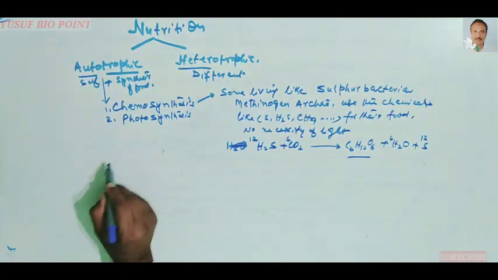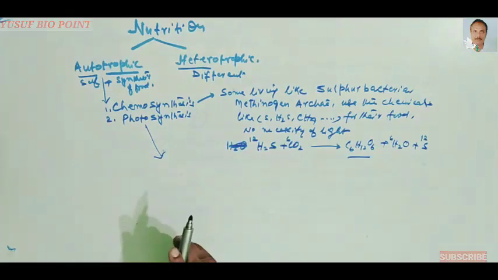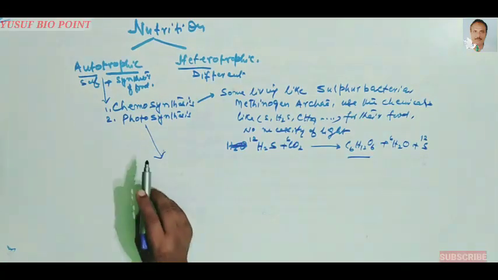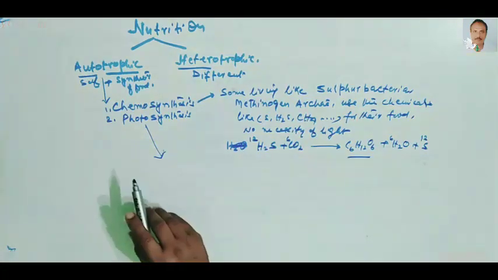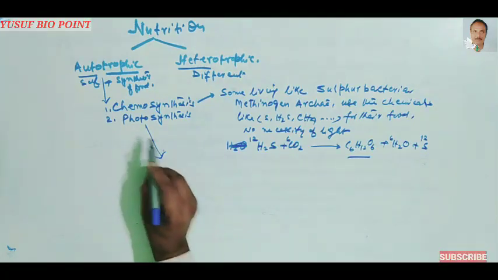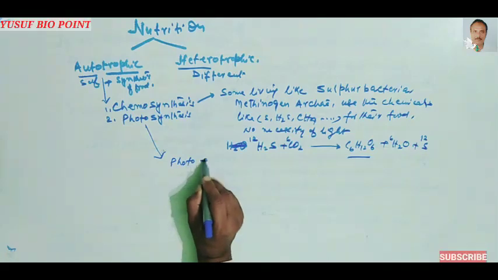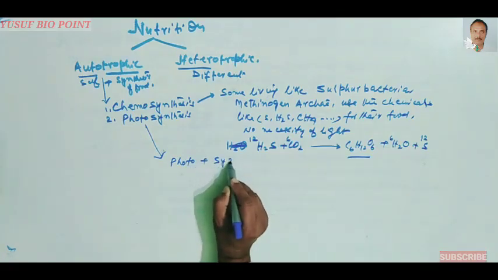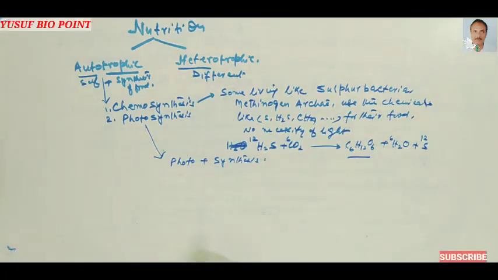Now the next one is photosynthesis. This is the most important one, and by this process all the plants make their food. Photosynthesis is composed of photo plus synthesis.